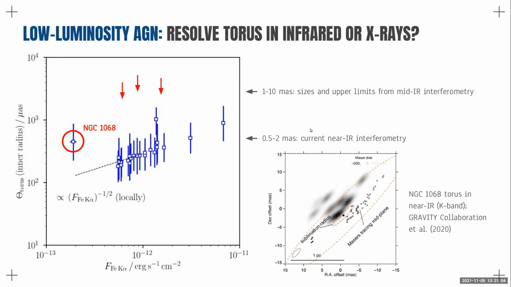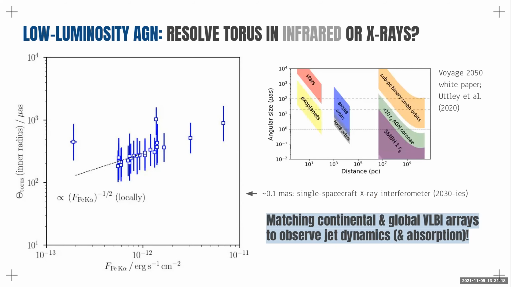So there is hope that we can perhaps do this in X-rays. In infrared it is getting difficult because you need multiple hundreds of meters of baseline and large telescopes. It's difficult to build. Whereas in X-rays, you can have an interferometer with a baseline of a meter and achieve an angular resolution of 0.1 milliarcsecond, even as early as the 2030s.